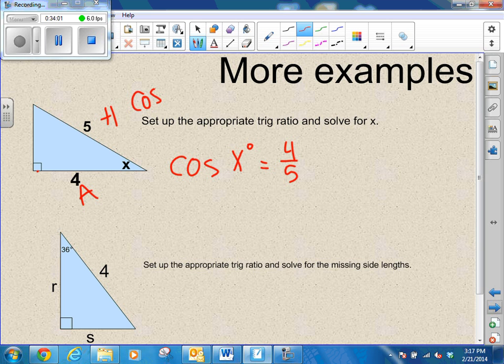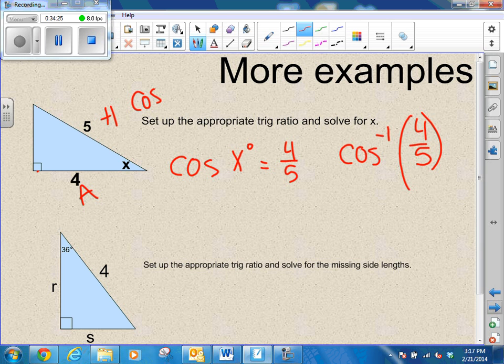If I have the -1, the inverse. The inverse. So you'll do cosine to the -1 of 4/5. Some of you are going to have to take 4 divided by 5, hit enter, then hit the inverse cosine. Others, you can plug it in as it is.